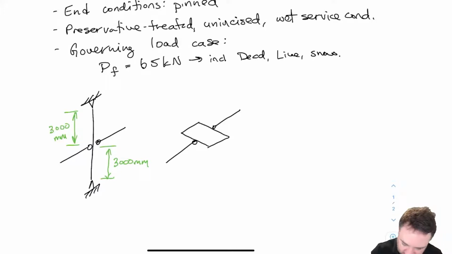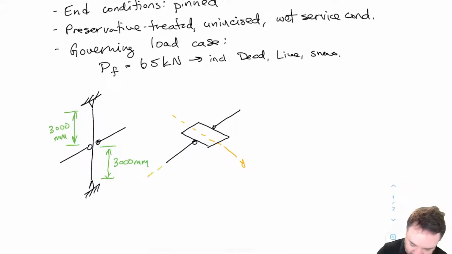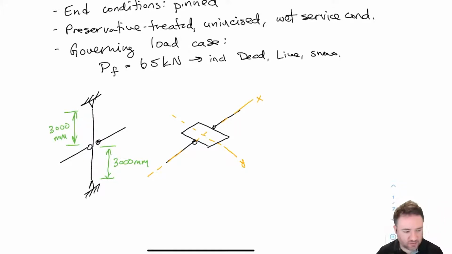And if I were to label those axes, I might call this weak axis direction Y, and I might call this buckling about Y, and then I might call this direction X. But really, I'm just going to refer to these as weak axis and strong axis because I think that's probably clearer. And we also have dimensions for this, right?